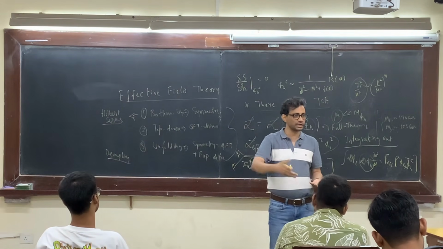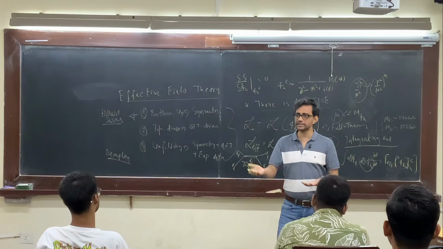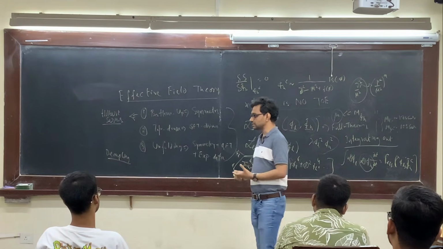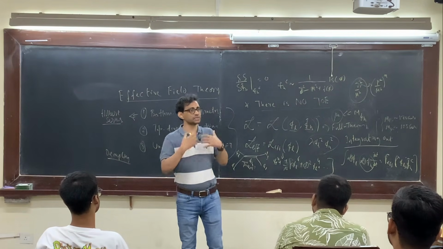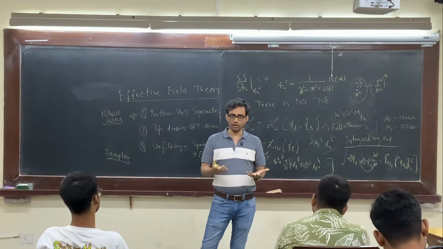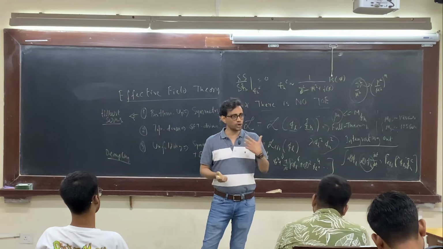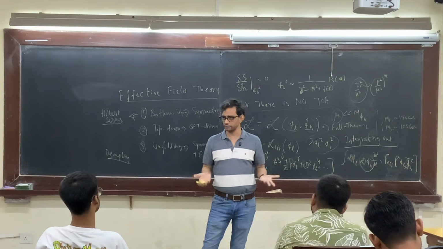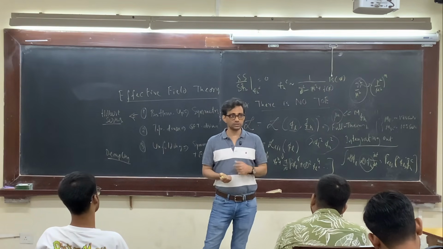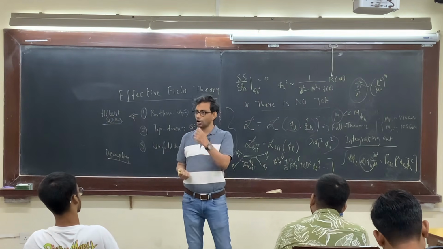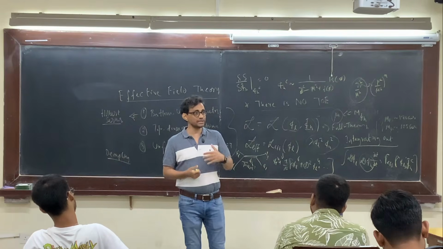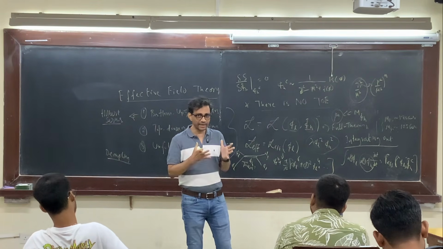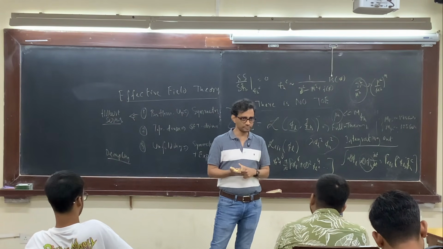But in the process of integrating out, if I lose the gauge invariance, then I lose one of the interesting properties of the theory. And if you lose the gauge invariance, the renormalizability and many other beautiful aspects of the theory are lost. So it's not only my duty to integrate out, but also to integrate in such a way that my gauge invariance is protected.